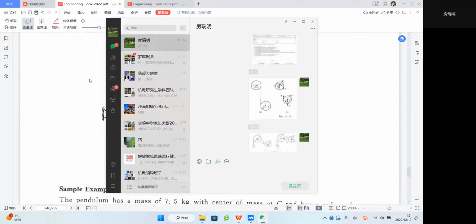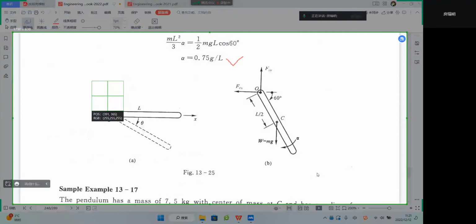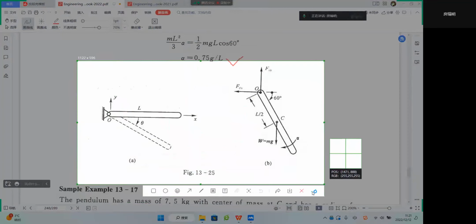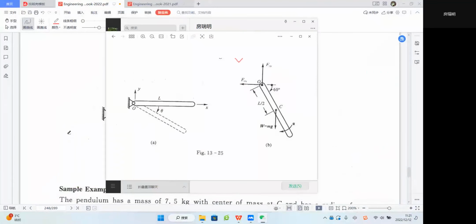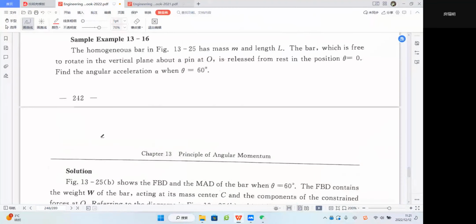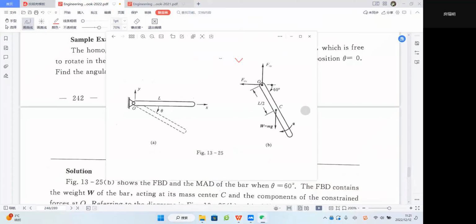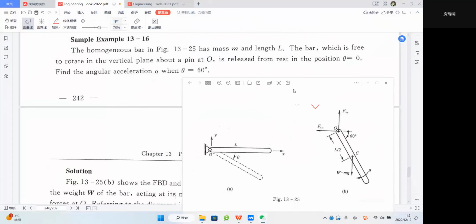So we have this. Let's talk about another example. We have a homogeneous bar with mass m and length L.